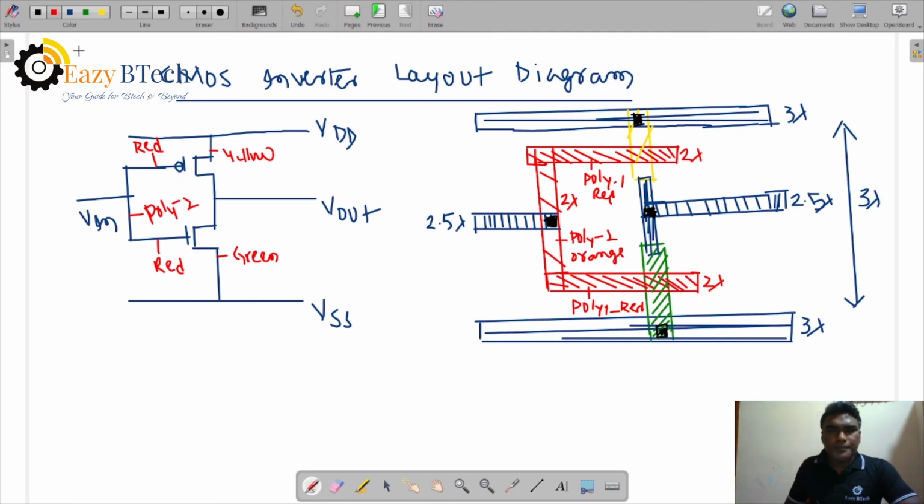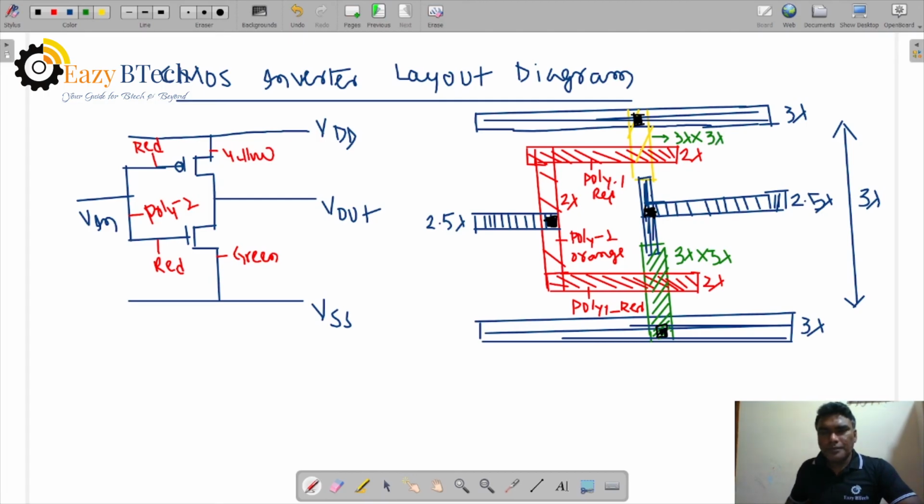Now N plus diffusion. So it changes compared to single polysilicon double metal. This N plus diffusion is 3 lambda into 3 lambda, length and width. P plus diffusion is also 3 lambda into 3 lambda. Right?